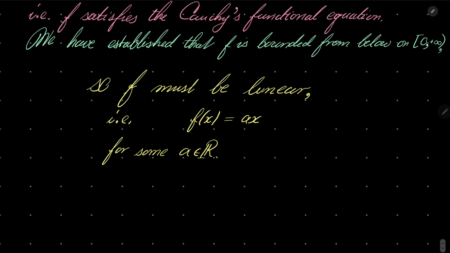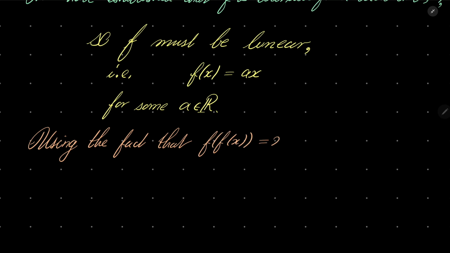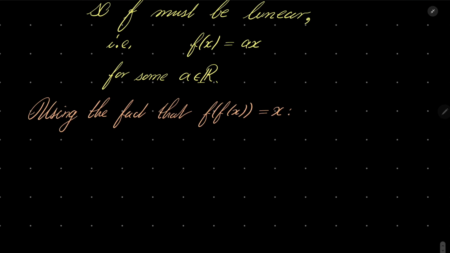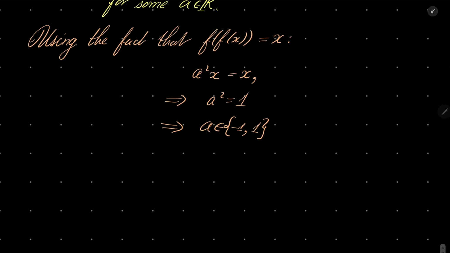Well, we can start by using the fact that f of f of x is x. We have the following. Well, a squared x equals x, and that holds for every x, so a squared must be equal to 1. So we have only two options. Either a is 1 or minus 1. So we have only two functions to verify. So let's do verification.